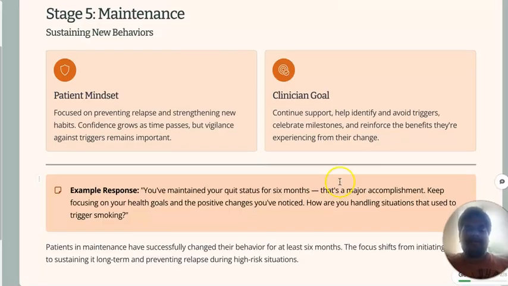So in this phase, the patient's mindset will be like he will try to prevent relapse and strengthen new habits. And since he has already quit smoking for, let's say, 6 months, he has that confidence within him to deal with the cravings and the triggers of craving too.